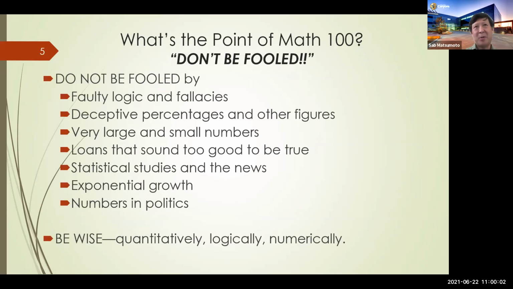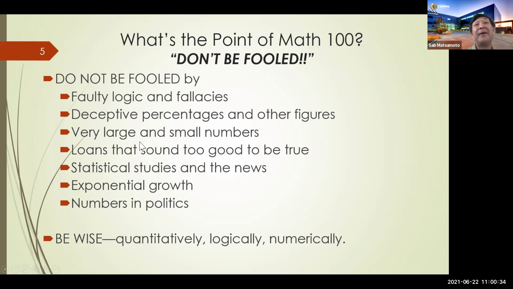The theme of this course is really summarized into these 3 words: don't be fooled, or maybe 2 words: be wise. Okay, what do I mean by that? Well, we live in a world where everybody is trying to fool us or deceive us, or to persuade us to believe in the way they want us to believe. Okay, so don't be fooled by faulty logic and fallacies. Don't be fooled by deceptive percentages and other numbers, figures, and data.